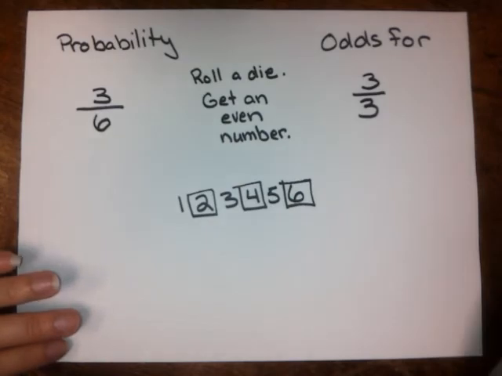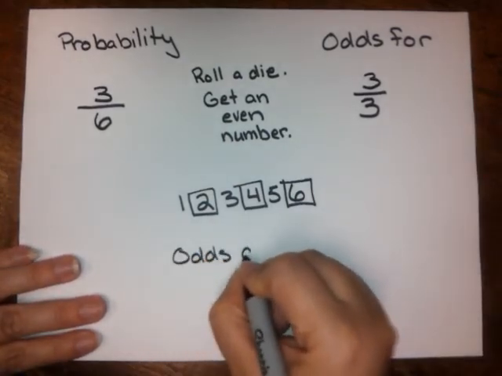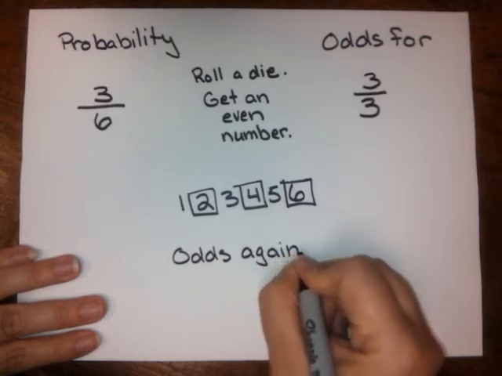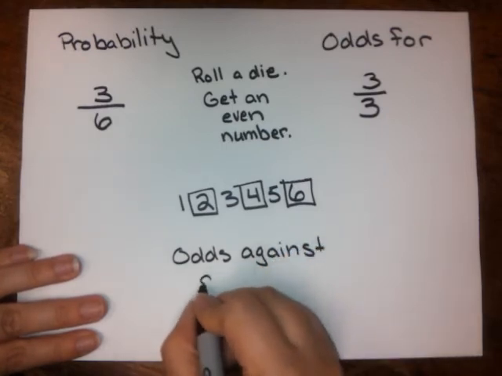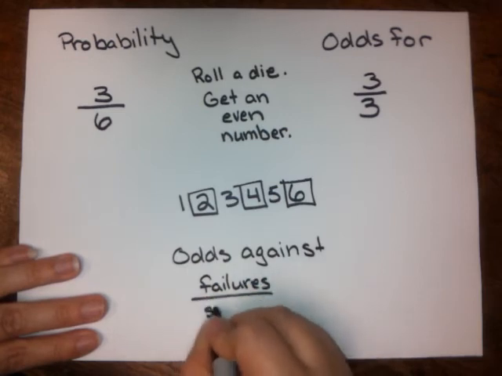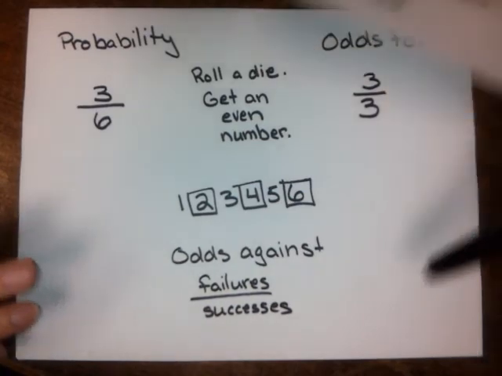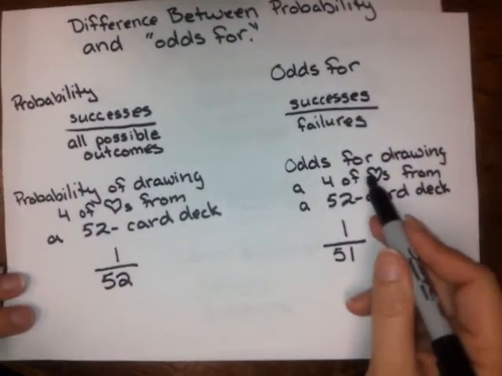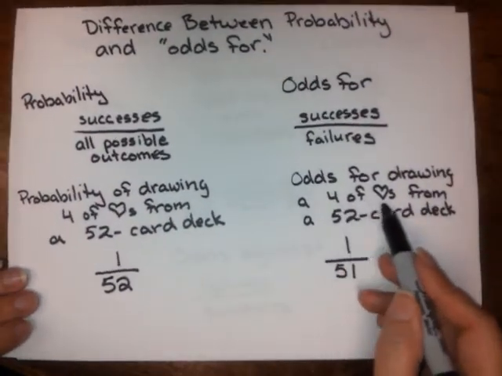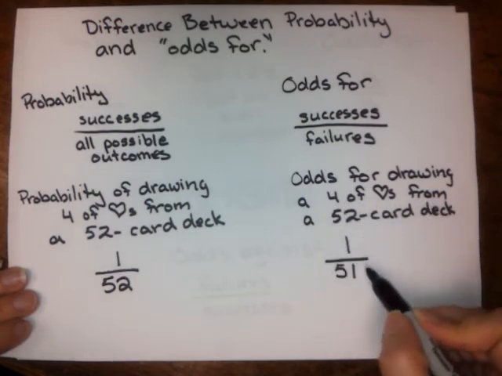And just as a quick note, odds against is just failures over successes. Okay, so in that case, when we were doing odds for drawing a 4 of hearts from a 52 card deck, we came up with 1 to 51.